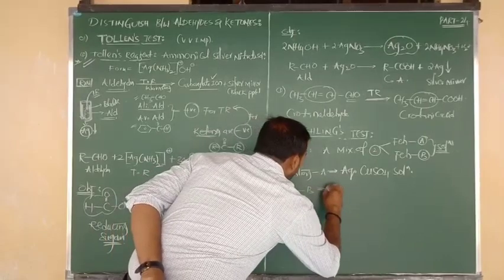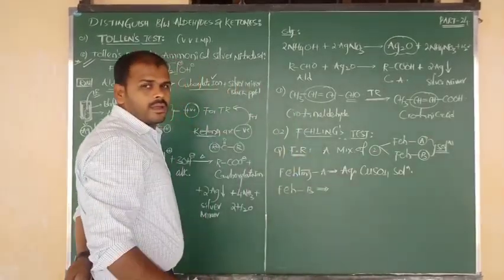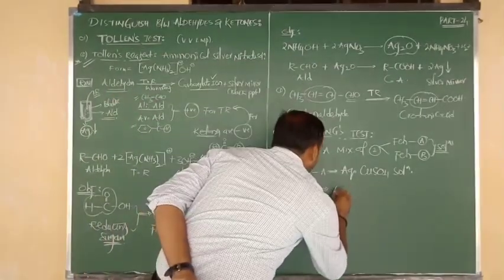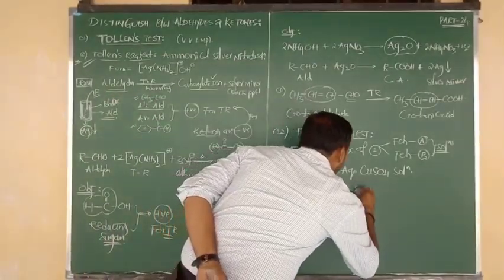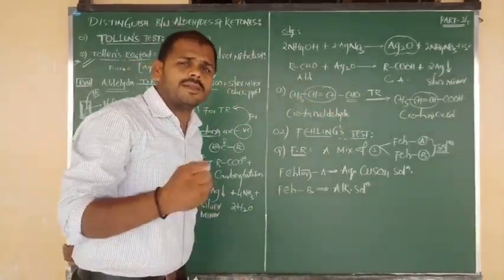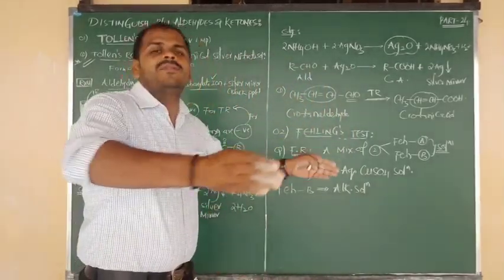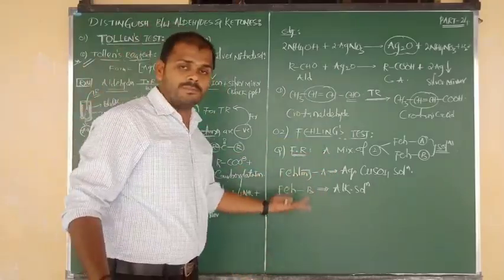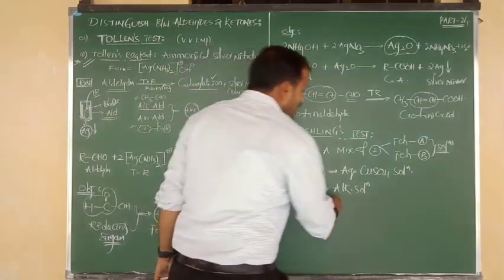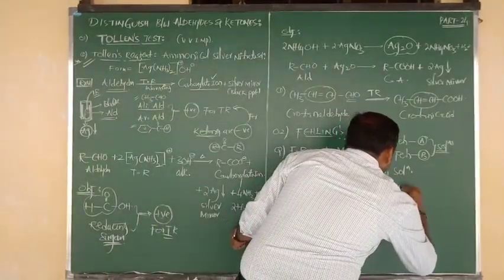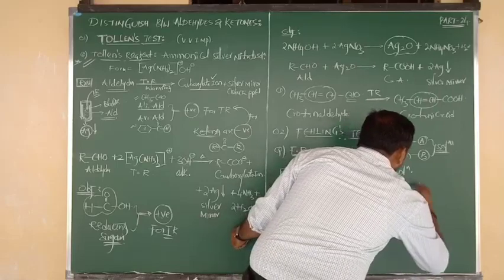Fehling B solution can be prepared in a basic medium. So simply we can say it is an alkaline solution of, very important and somewhat lengthy name, you must remember it 100% because it is important for theory also, an alkaline solution of sodium potassium tartarate.